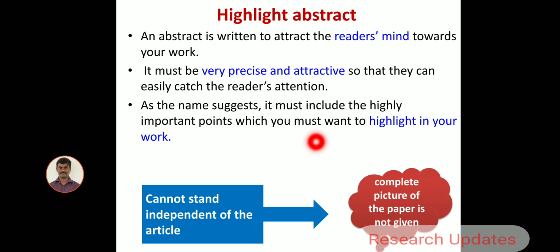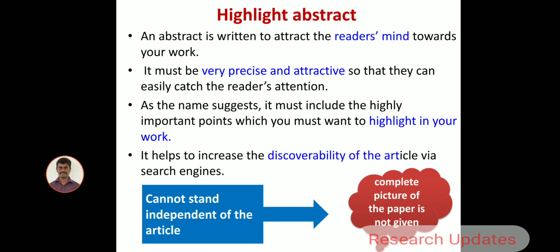As the name suggests, it must include the highly important points which you want to highlight in your work. So whenever you are writing a highlight abstract, the most important points should be highlighted, which will help attract readers towards your research work.